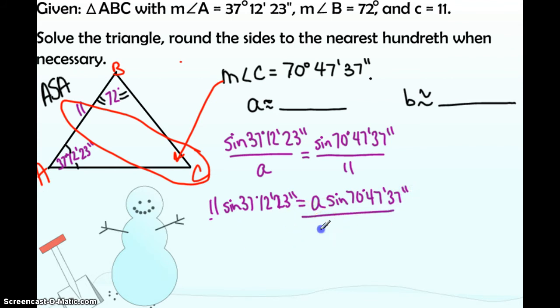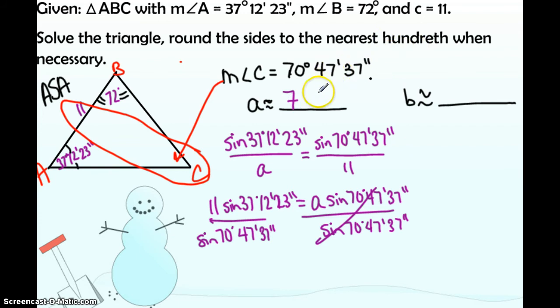So let's divide by the sine of 70 degrees, 47 minutes, and 37 seconds to get A by itself. And when we plug that all into our calculator, we get A is approximately, to the nearest hundredth, 7.04.